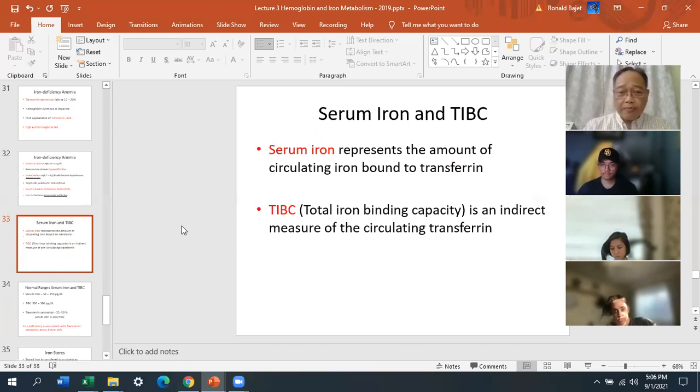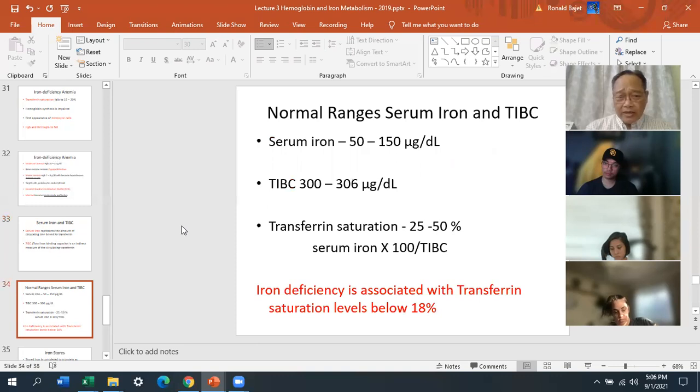So the two are related to each other. Normal ranges, as you can see, are not in red, they're in black. I'm going to reserve normal ranges for your chemistry class. Serum iron is 50 to 150 micrograms per deciliter. Total iron binding capacity is 300 to 360. Transferrin saturation is 25 to 50%.